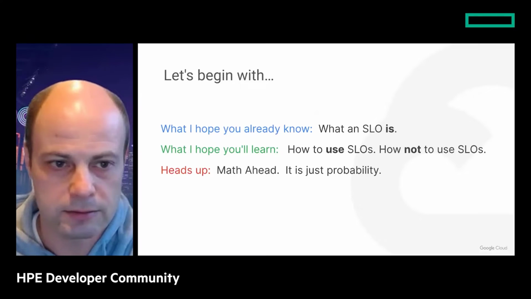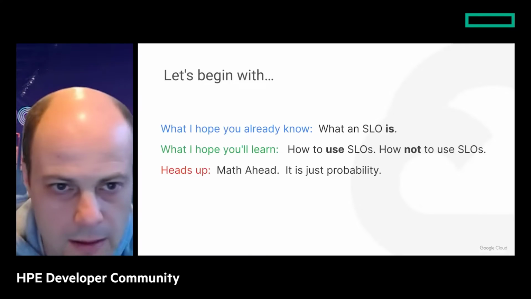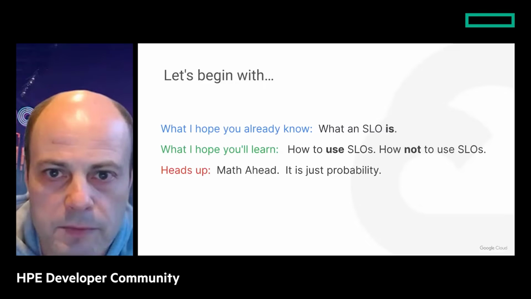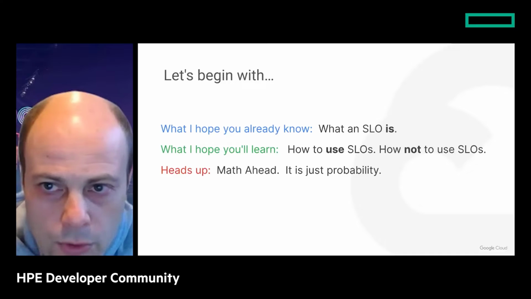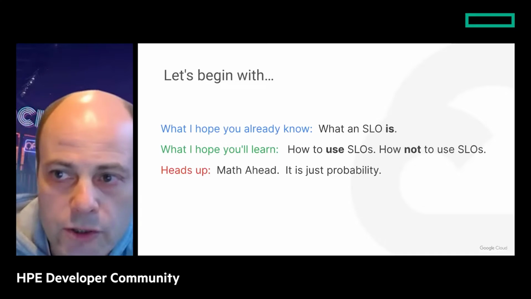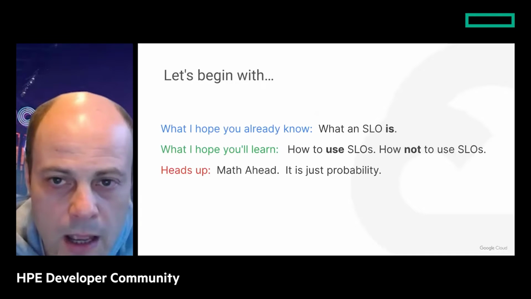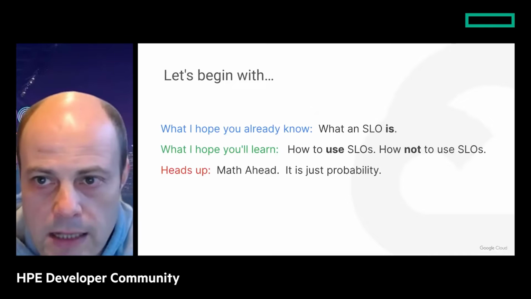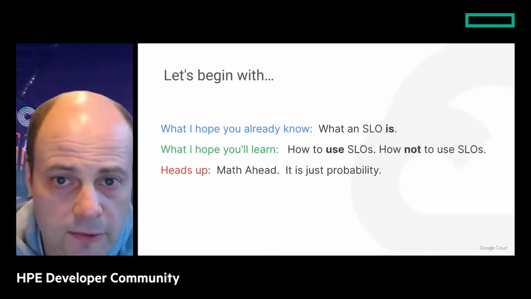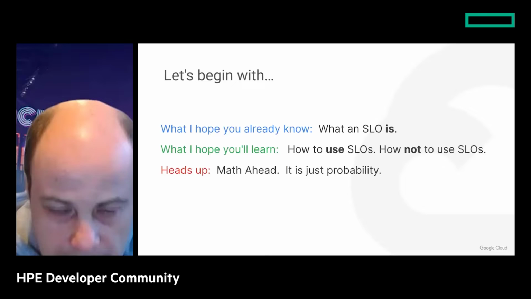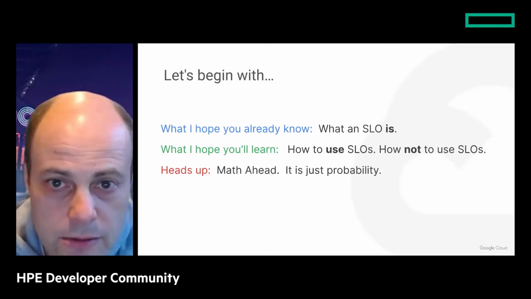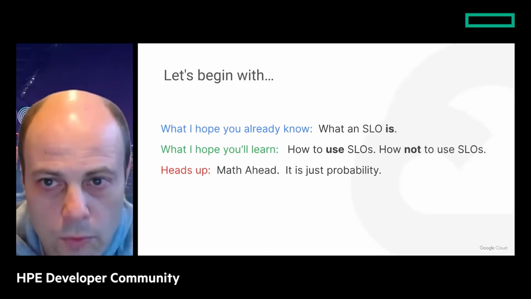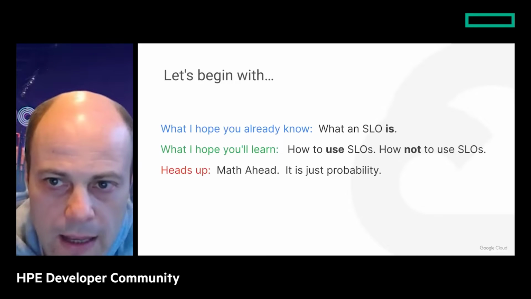Okay, I hope I covered the questions from the last time. And now we will be talking about how to compute SLO for complex architectures with multiple dependencies. And we will also discuss how we account for the rest of the infrastructure stack in our computations. In this talk, I assume you know what SLO is.